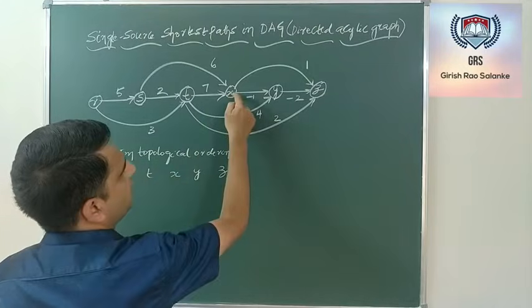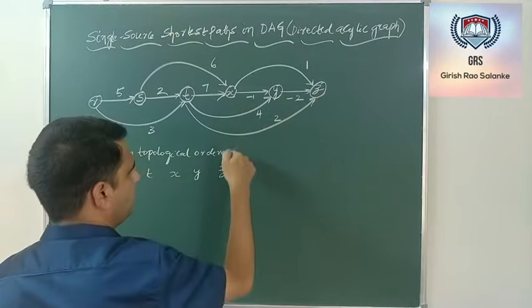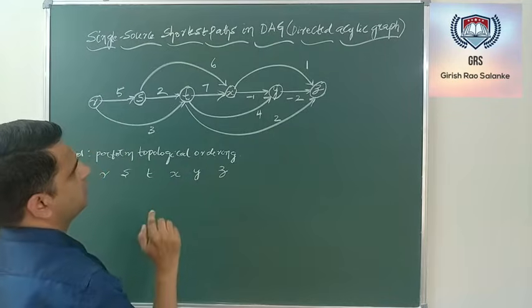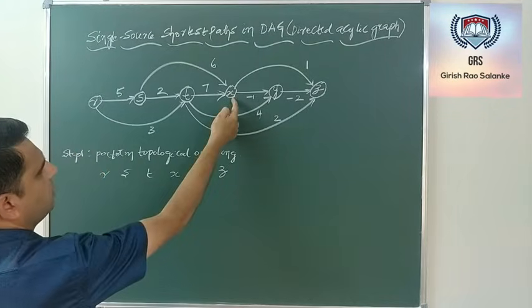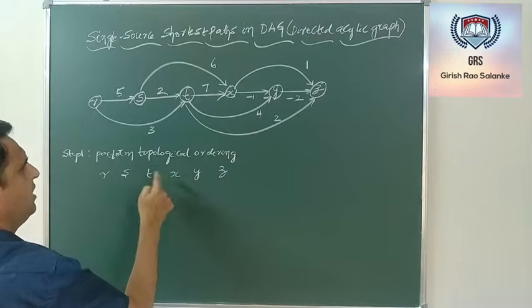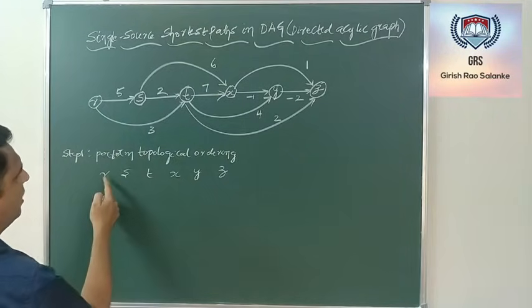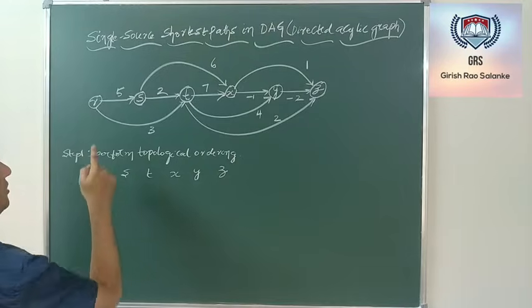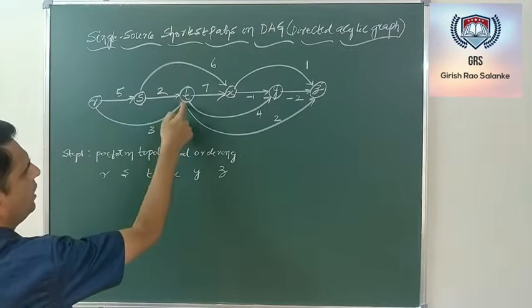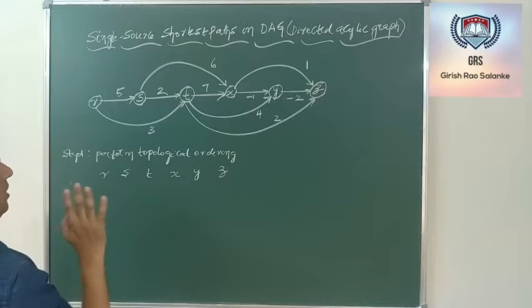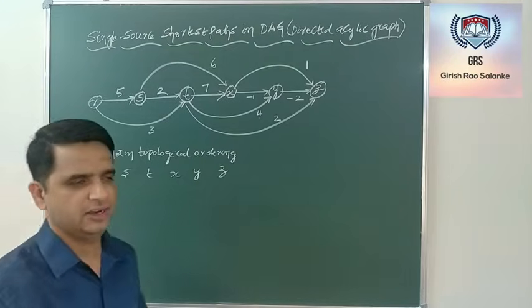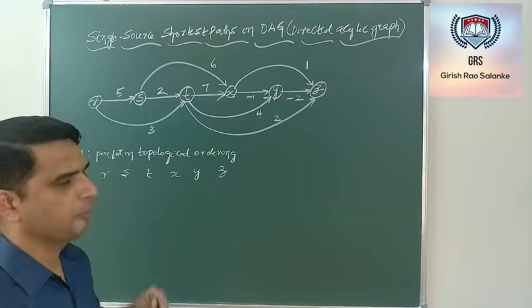There is an edge from X to Z, before placing Z, X should be placed. Similarly, there is an edge from S to X, so before placing X, S should be placed. Similarly, there is an edge from R to S, so R is placed before S. Similarly, there is an edge from R to T, so before placing T, R is placed. So I have checked all the edges, and I have got the topological ordering.